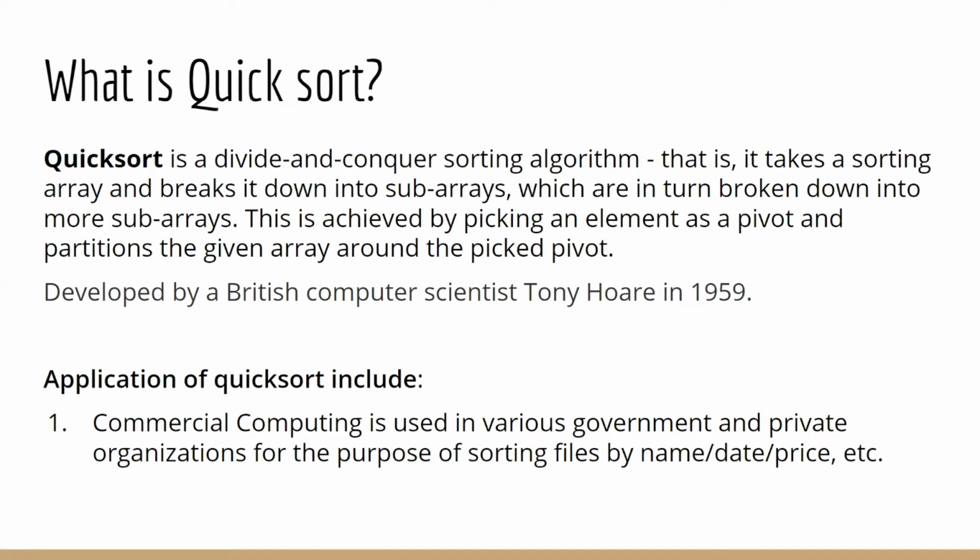This type of sorting algorithm was developed by a British computer scientist named Tony Hoare in 1959. An example of the application of quicksort is commercial computing, which is used in various government and private organizations for sorting files by name, date, price, and so on. And next.